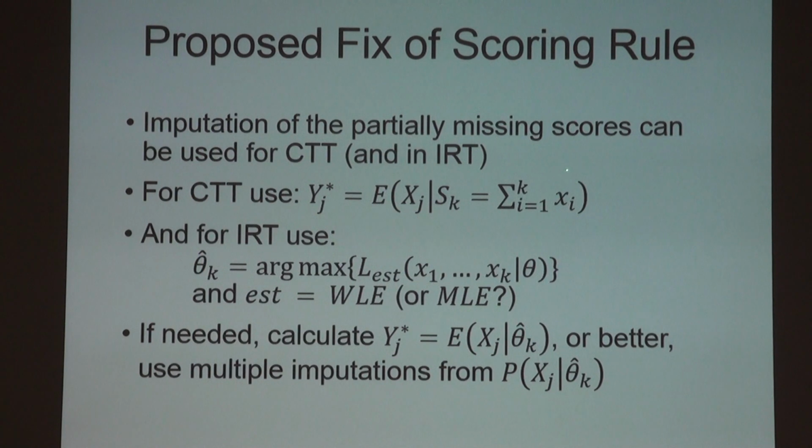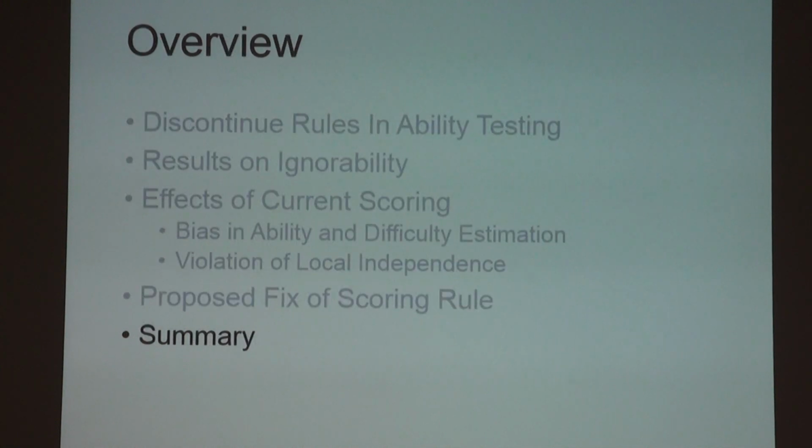If you use CTT, for IRT, use some estimator, WLE, MLE, if you have enough items. And if needed, calculate just the expected score on those items, or even use multiple imputations. And then you would get something that is still consistent with expectations, even if you would see the full data, and it's consistent across the different groups where the discontinue rule applies.